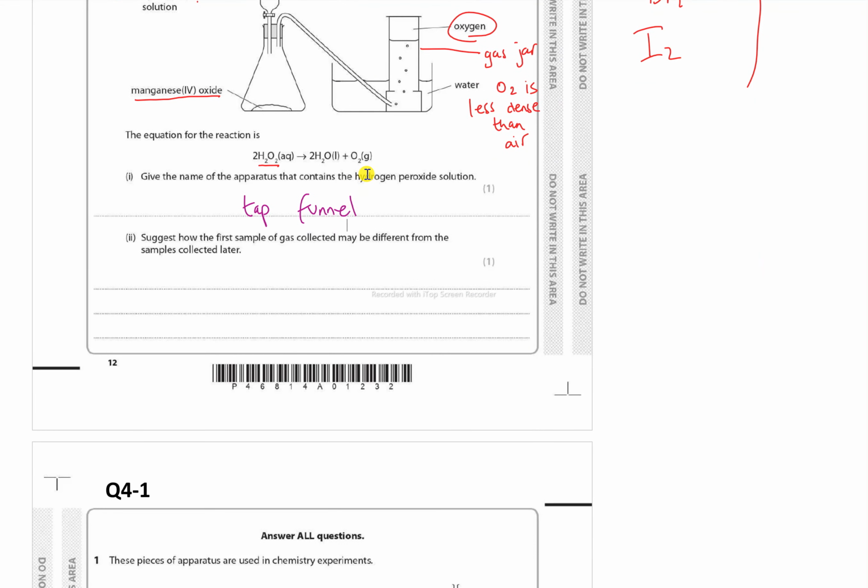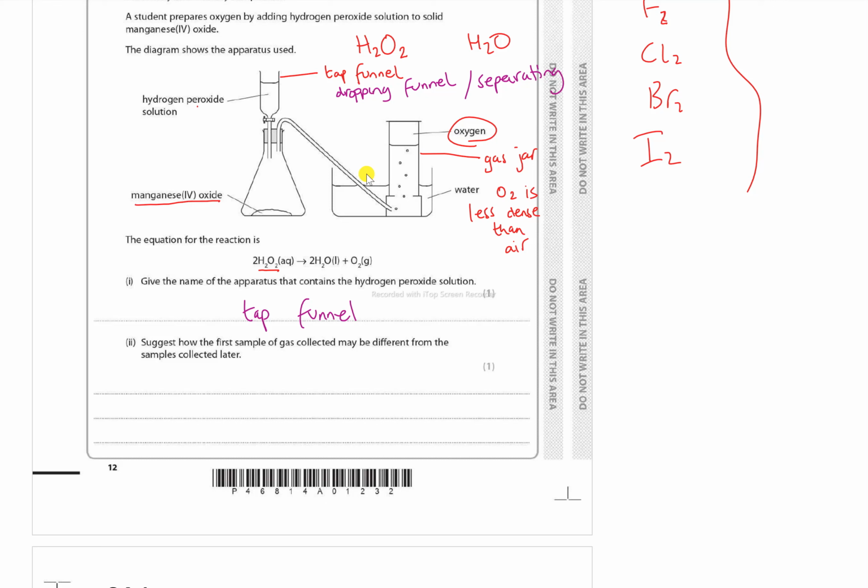Right, suggest how the first sample of gas collected may be different from the samples collected later. So now look, before you start, what have you got in here? That is air. And air contains nitrogen, oxygen, argon, CO2 and other things. So what will happen is as oxygen's produced, some of the air will go down.